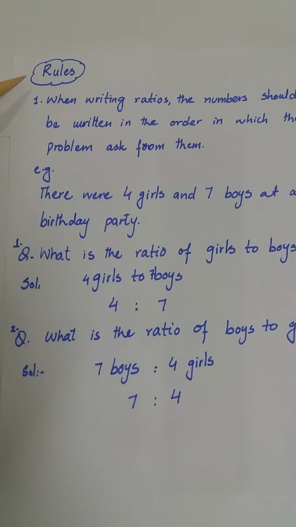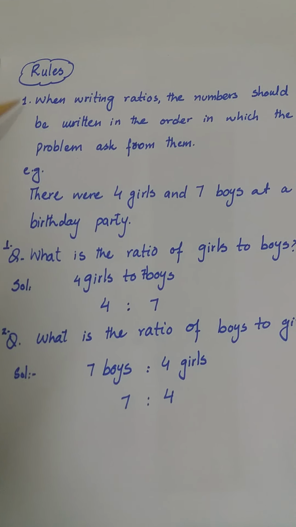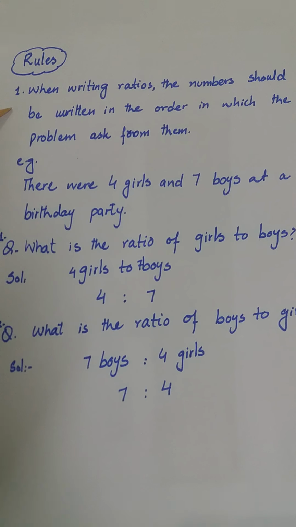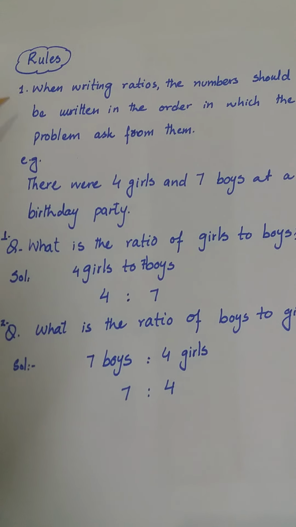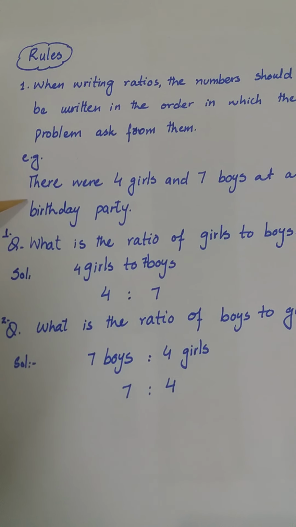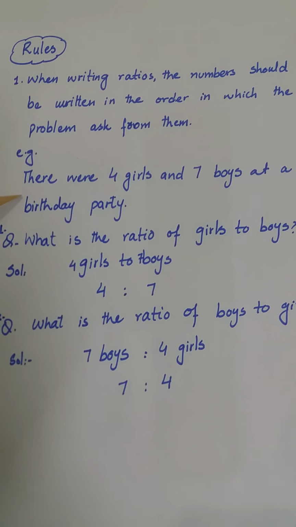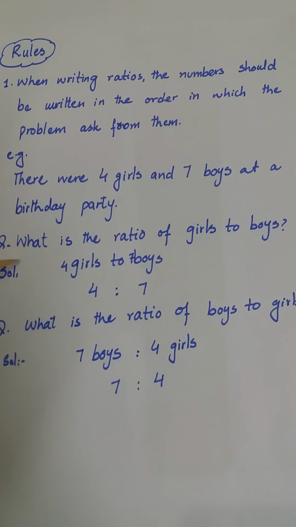Now we will discuss a few rules to write ratio. First rule is when we write a ratio, the numbers should be written in the order in which the problem asked for them. For example, there are 4 girls and 7 boys at a birthday party. First they have asked what is the ratio of girls to boys.